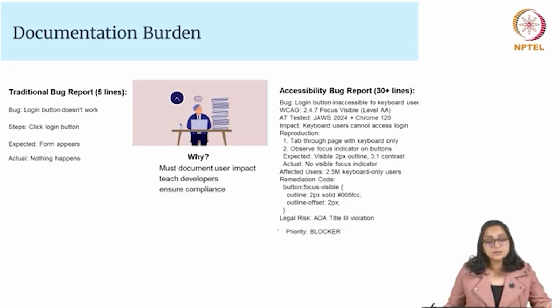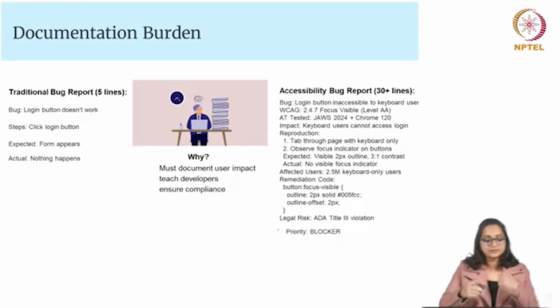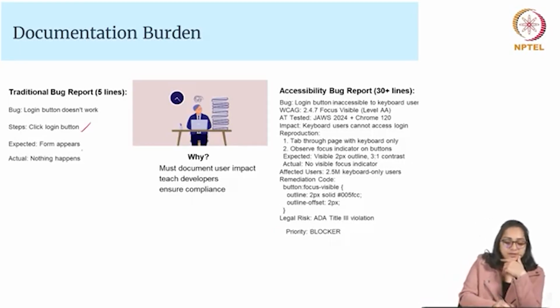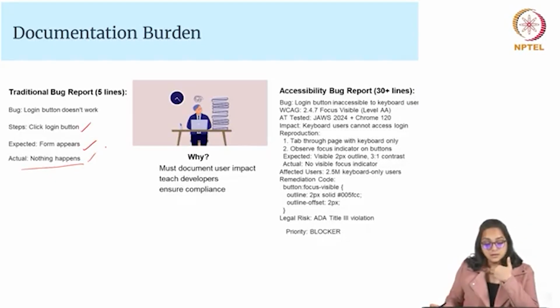Traditional bug reports may be just 5 lines, right? Bug: login button doesn't work. Steps: click login button. Expected: form appears. Actual: nothing happens, right? So this is just like a bug report.